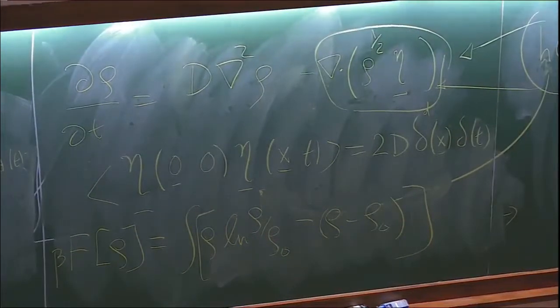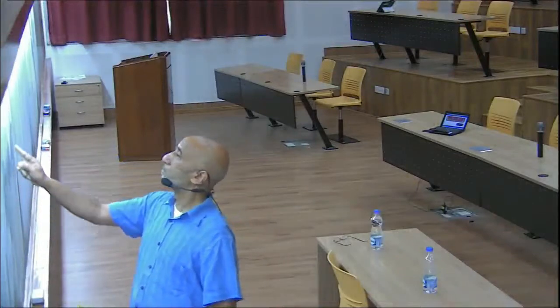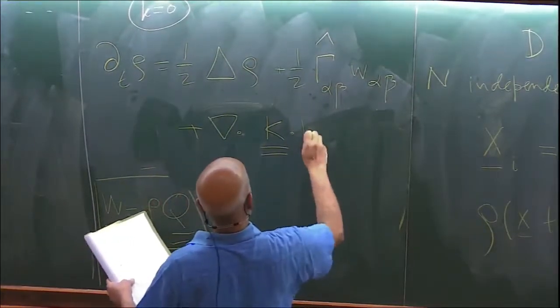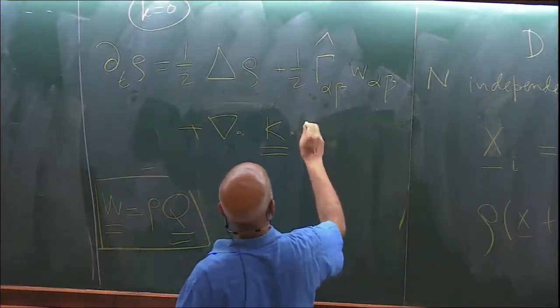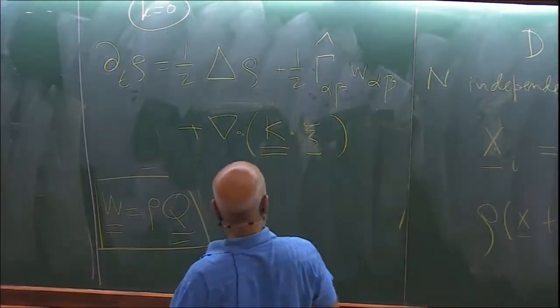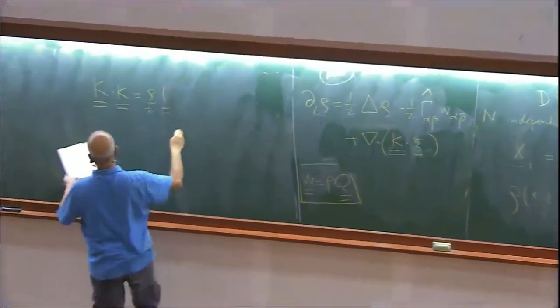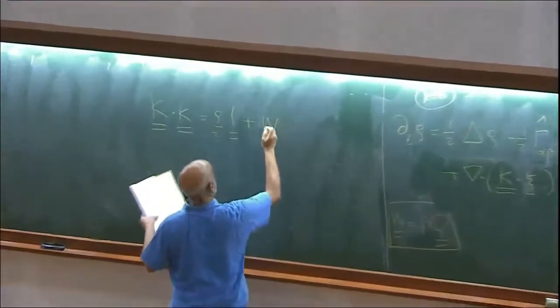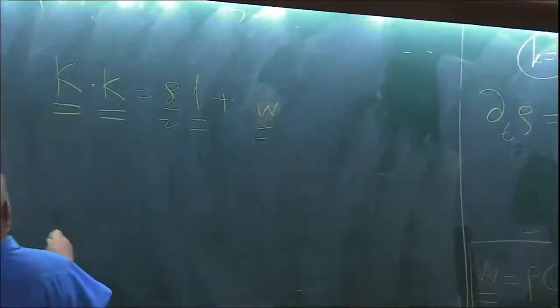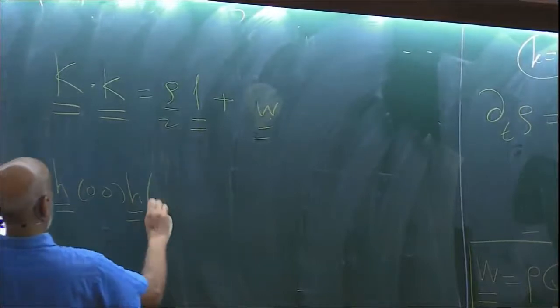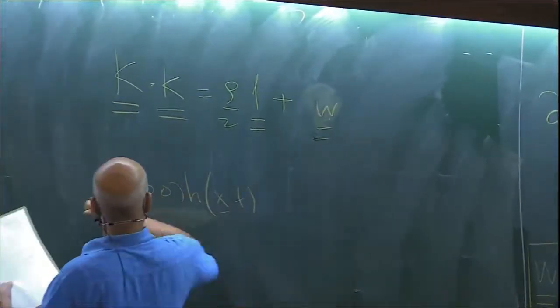I'll just tell you that a similar consideration gives you this guy plus noise, and that noise turns out to be, let's call it something else, where K is something which squares to, plus our friend W, which is rho times Q, and H is a unit weight vector.